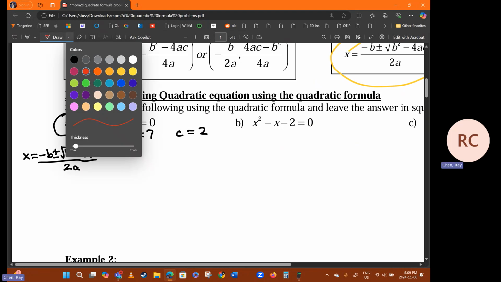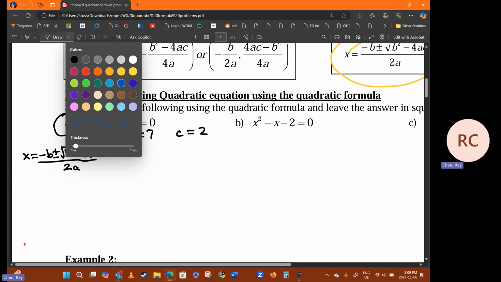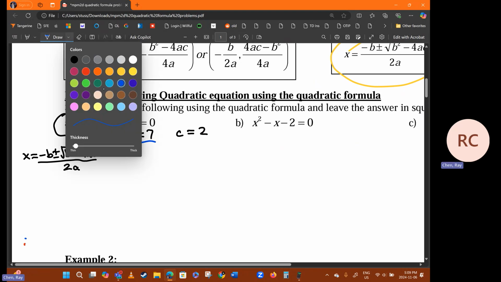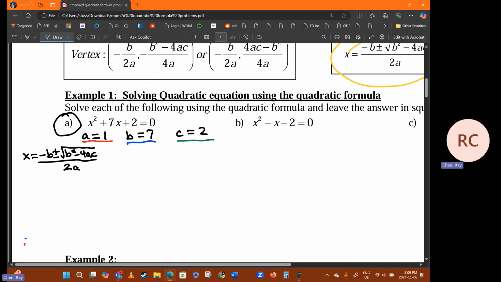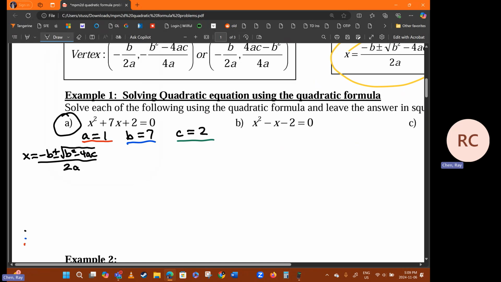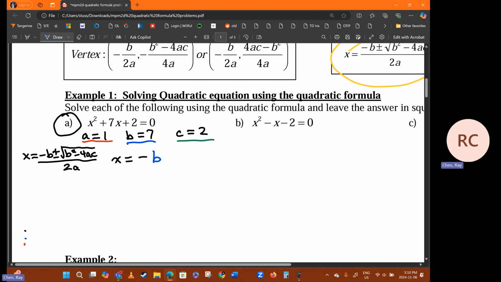So we'll use red for the a, we'll use blue for the b, and we'll use green for the c. Now you might want to watch first and then try it yourself again. When subbing in, we are going to get a negative b. And notice it's negative 7, Mr. Chen, negative 7.